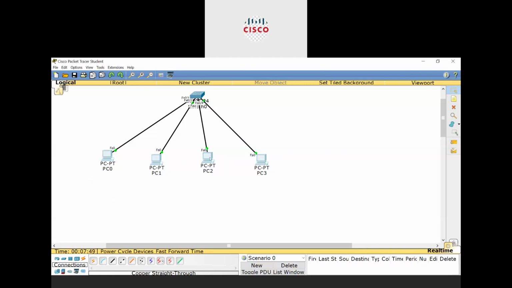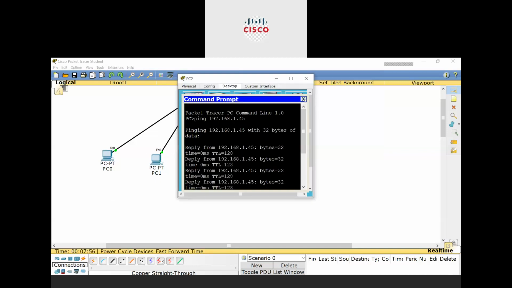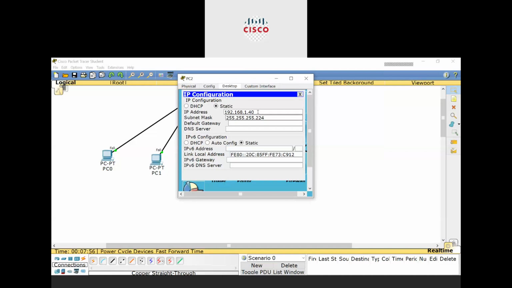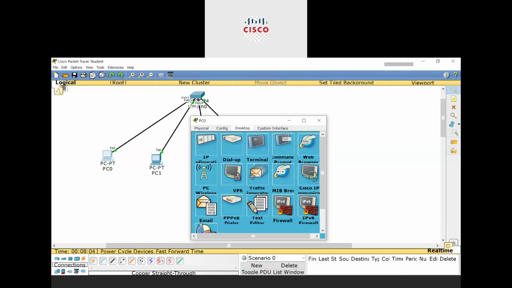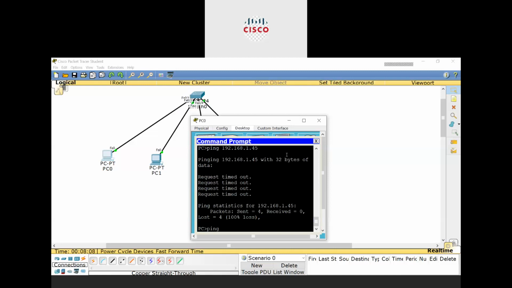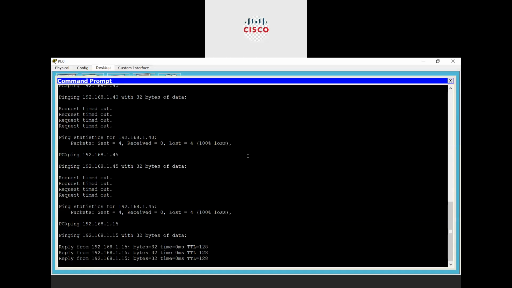Okay, they do not have the same network. Let's say for the desktop, I'm going to change the IP address right now. Not 40, it should be like 15. So what will happen now if I ping 192.168.1.15? I can get the reply, definitely.